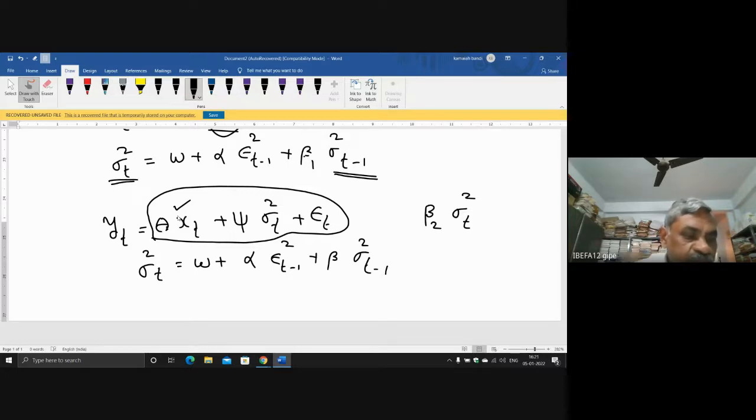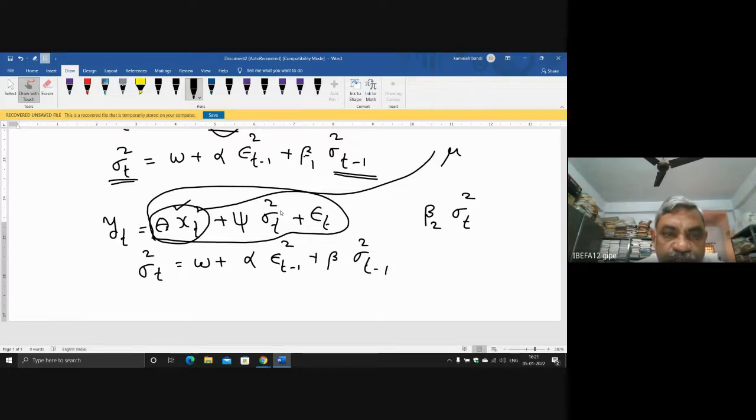It means the relationship between the mean of a return and its variance. So this term is the mean of a return. Earlier we used to write this as simply mu. So the mean of the return and its volatility, that means its variance, these two are incorporated.